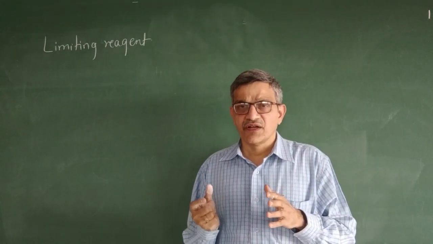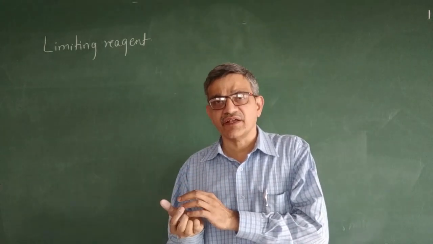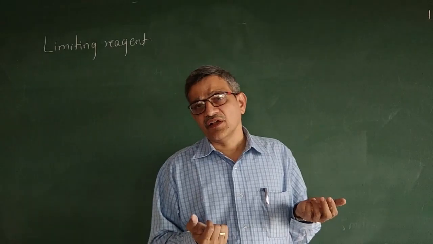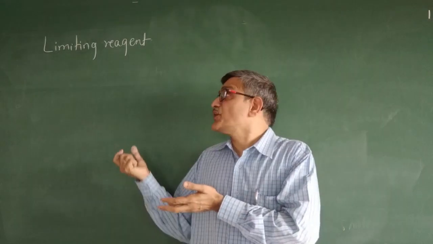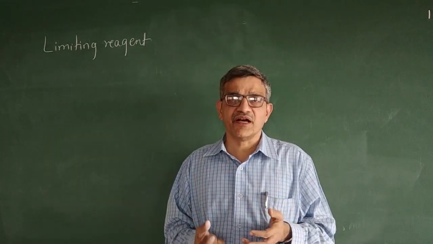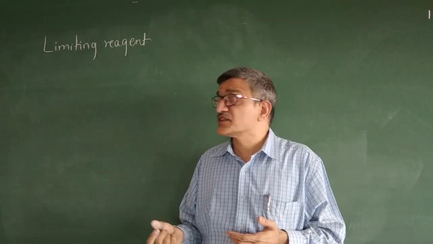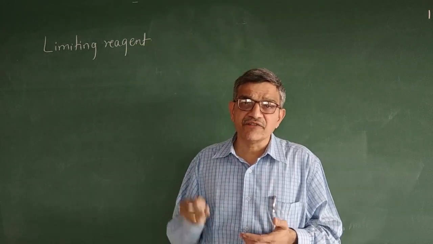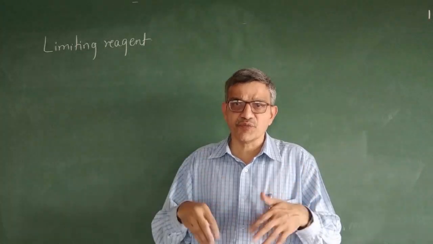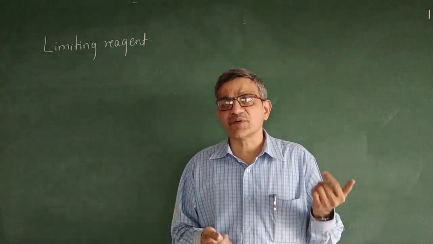Got my point? So in any reaction, the reactant that is present in the smallest amount is called the limiting reagent. And that does not depend only on the quantity, you have to go through the balanced equation to decide it. So limiting reagent is nothing but the reactant which gets consumed and restricts the formation of the product.